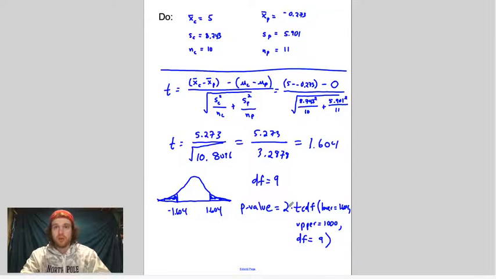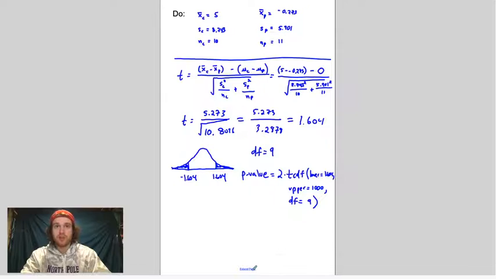Okay. Now what this will give me, if you had just looked at the area to the right, you will get an area under the curve, so it'll be 2 times 0.0716, which is equal to 0.1432. All right.